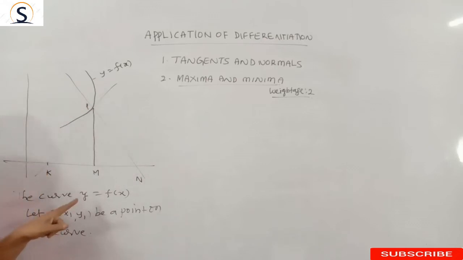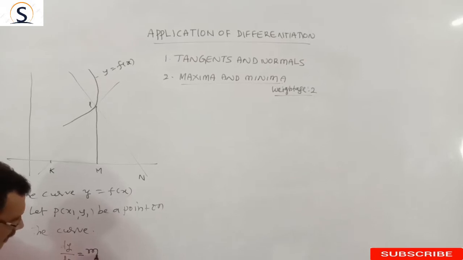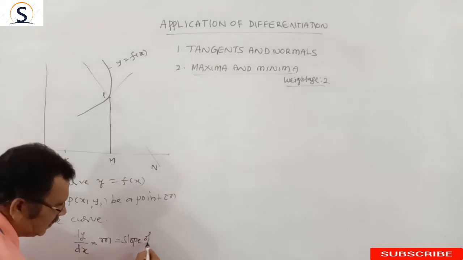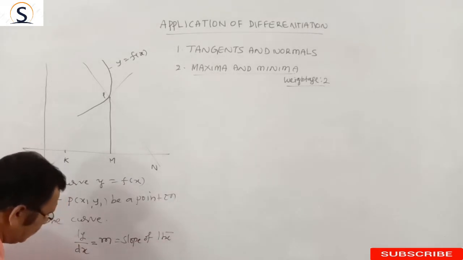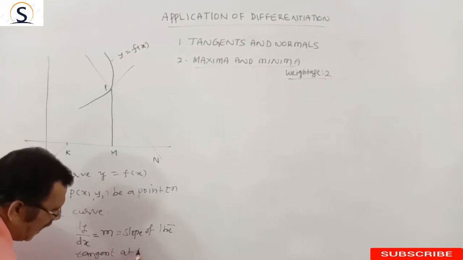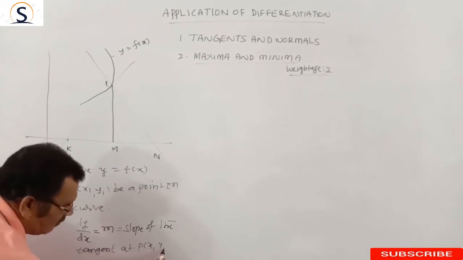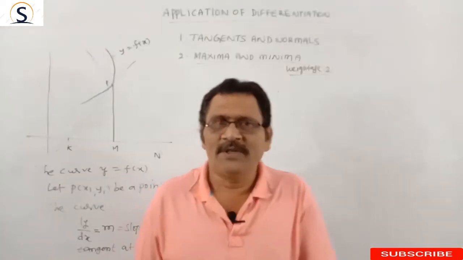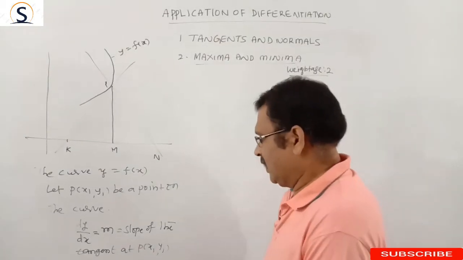Tangent slope is got by differentiating y is equal to f of x with respect to x. So dy by dx, this is called m, which is slope of the tangent at P x1, y1. So dy by dx is equal to m, which is the slope of the tangent.